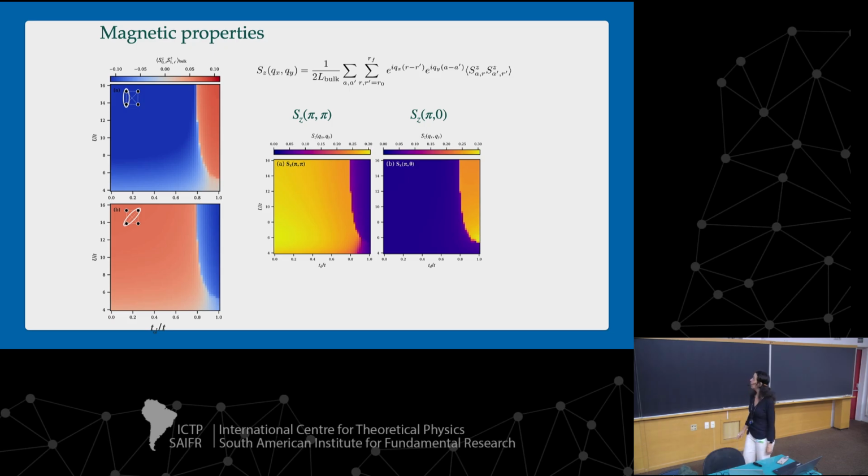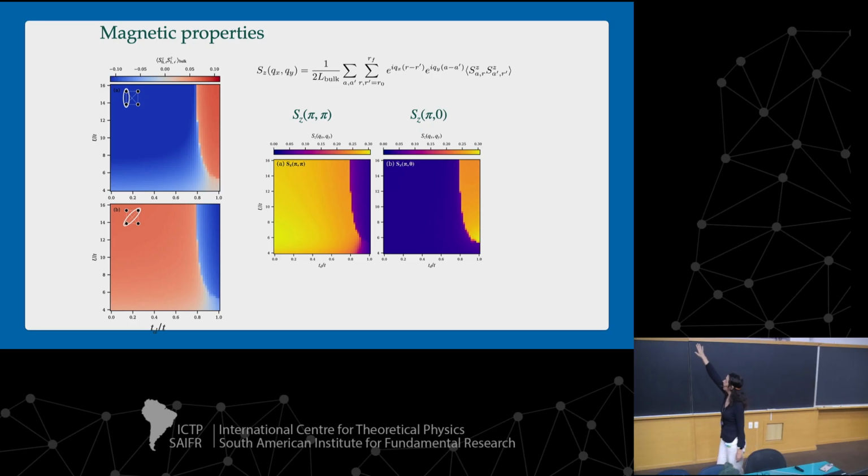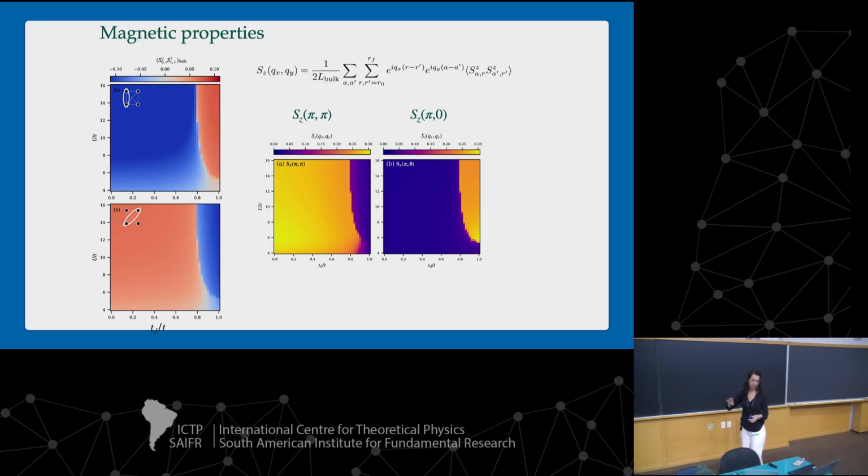And when we look at that, we see that when we don't have diagonal hopping, the blue region is negative, so we are seeing up and down, and the pink region is the other way around. So when we increase the diagonal hopping, something is different, and you can look at the diagonal correlation, it also shows the same. And if we look at the magnetic structure factor, it shows the same.